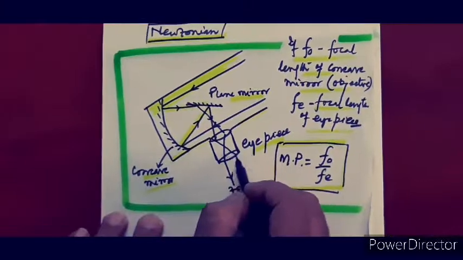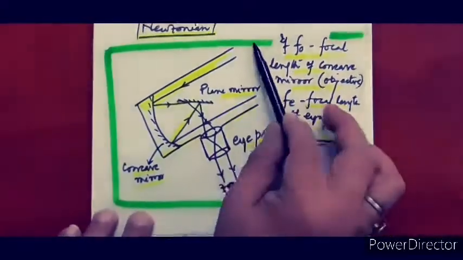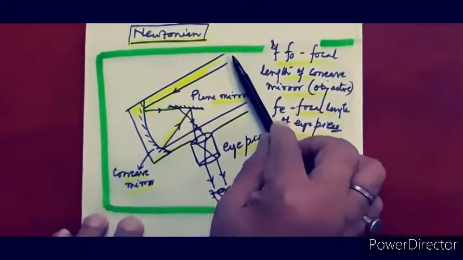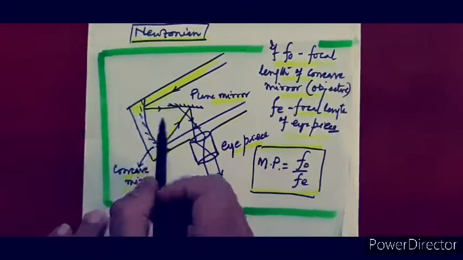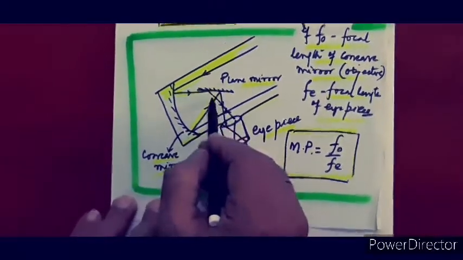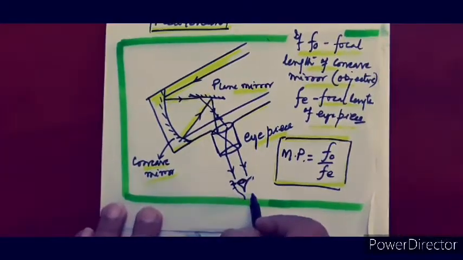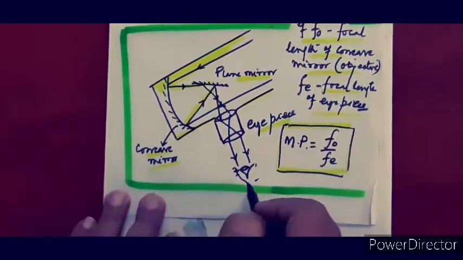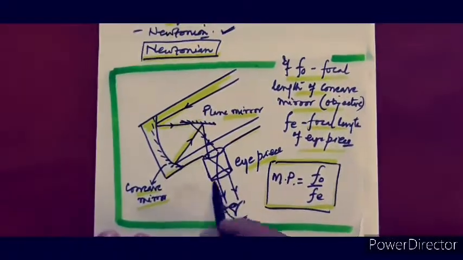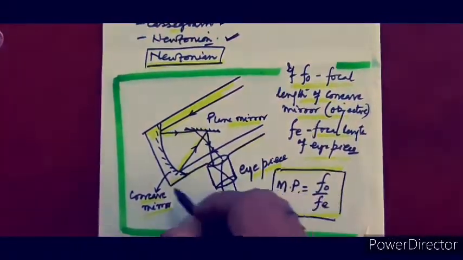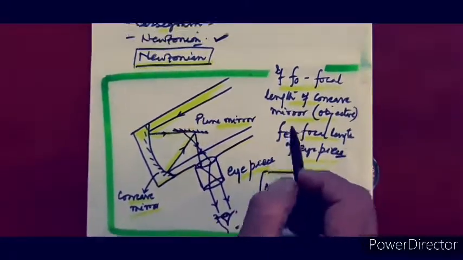Here the eyepiece is there, which is a lens. When the beam from the astronomical object is incident, it reflects from the plane mirror and is gathered by the eyepiece, and people watch from here. This is the simple diagram of the Newtonian type of reflecting telescope.